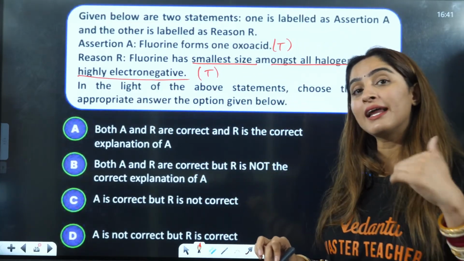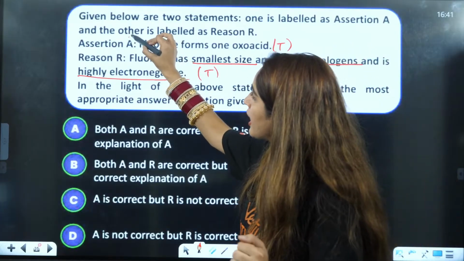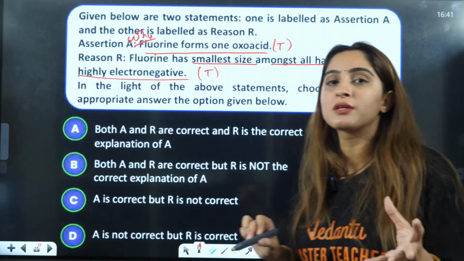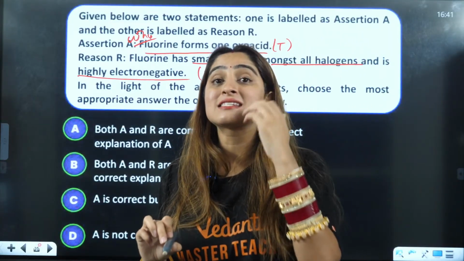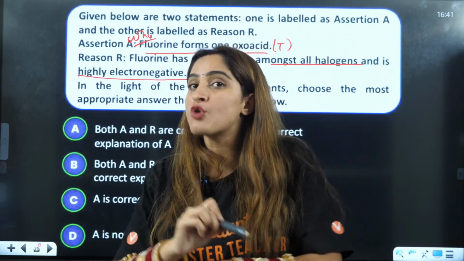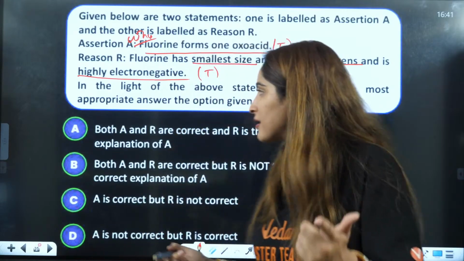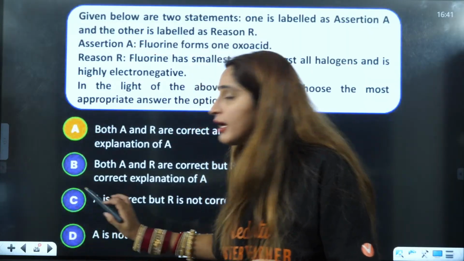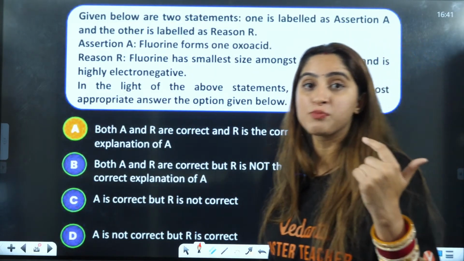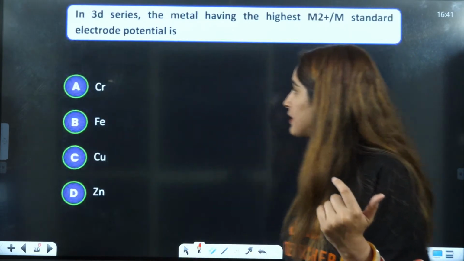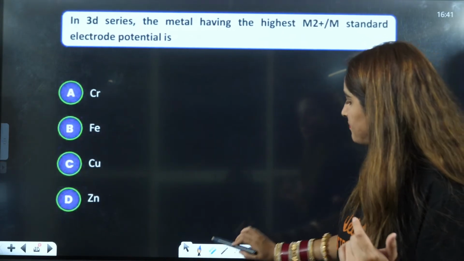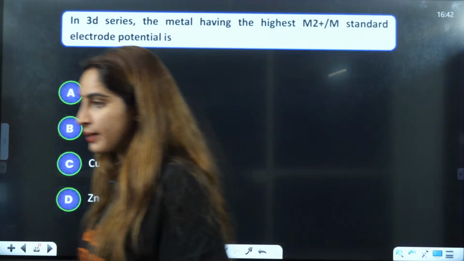Now, is it a correct answer for this question? If I say why fluorine forms one oxo acid, because it is smallest and it is highly electronegative, that is why it is not able to form more oxo acids. So answer is going to be both A and R are correct, and R is the correct explanation of the assertion, right?